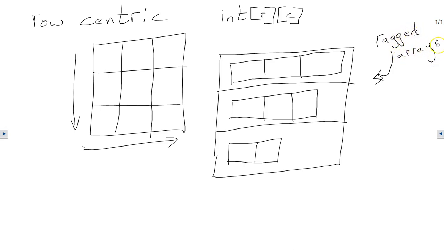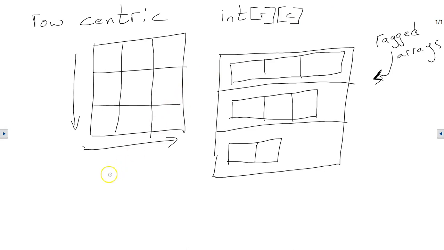Basically that just means that arrays don't have to be of the same length. So I could have a two item list, a 3-item list, a 3-item list in the same two-dimensional array. Does that make sense? Okay.